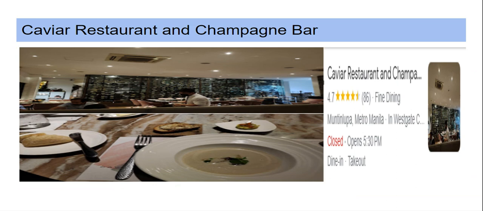And also, here we have examples of fine dining restaurants here in the Philippines. There are many, but these are just a few. We have the Caviar Restaurant and Champagne Bar, located at Muntinlupa, Metro Manila. So, kindly check the illustration.